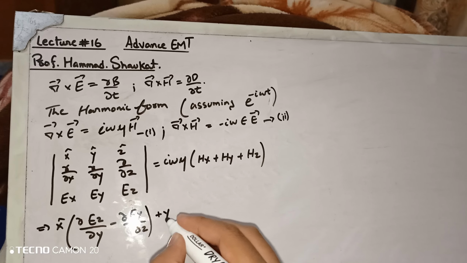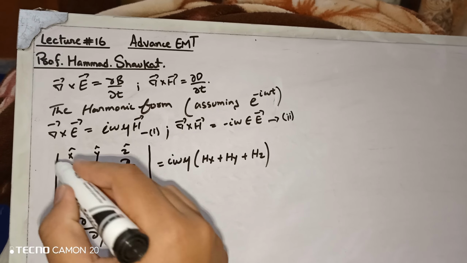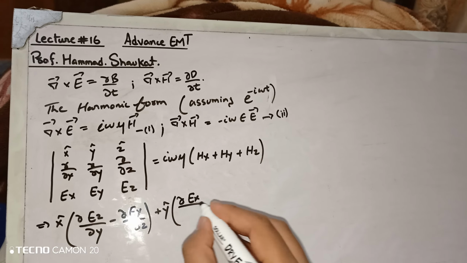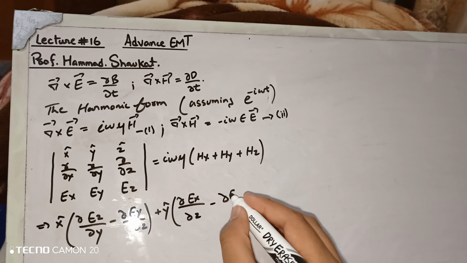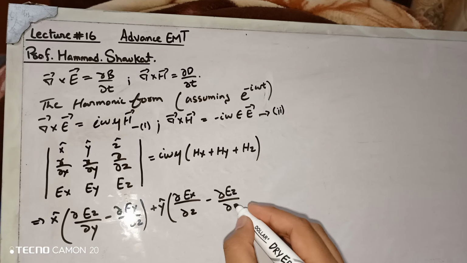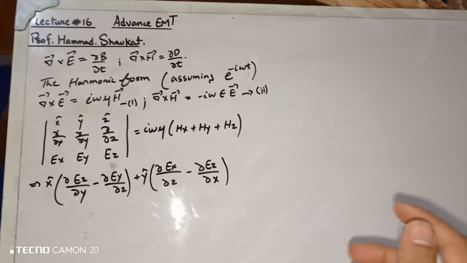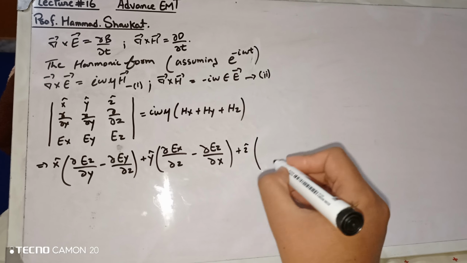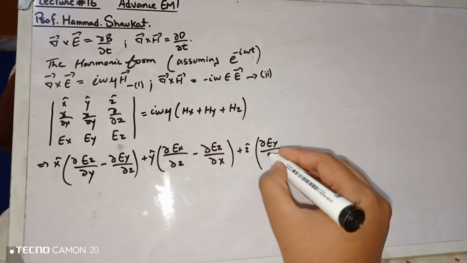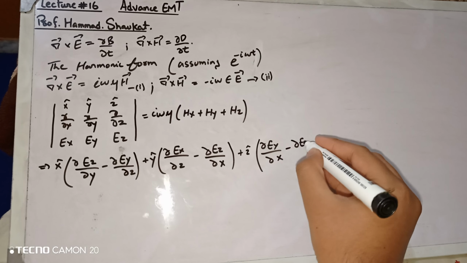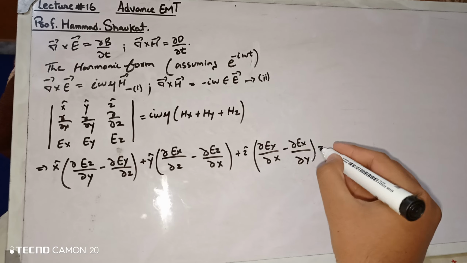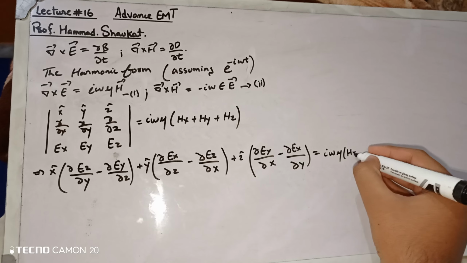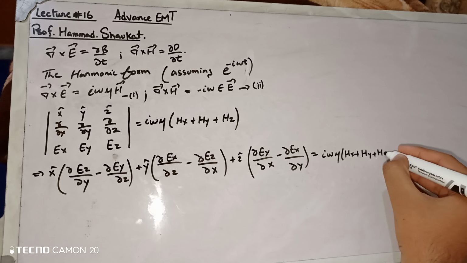Similarly, plus the y component: partial Ex divided by partial z minus partial Ez divided by partial x. Similarly, for z: partial Ey divided by partial x minus partial Ex divided by partial y, equals the same iota omega mu Hx plus Hy plus Hz.